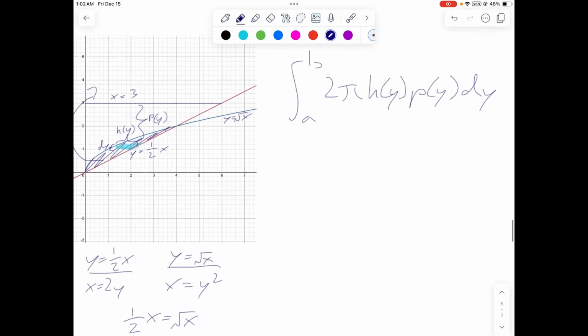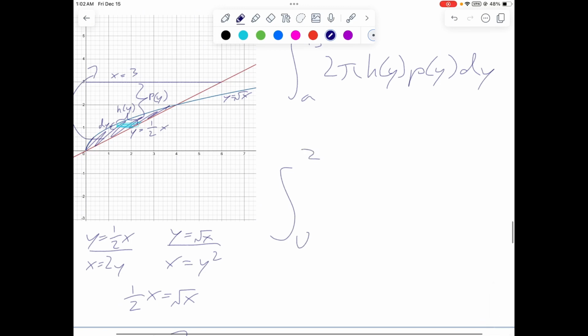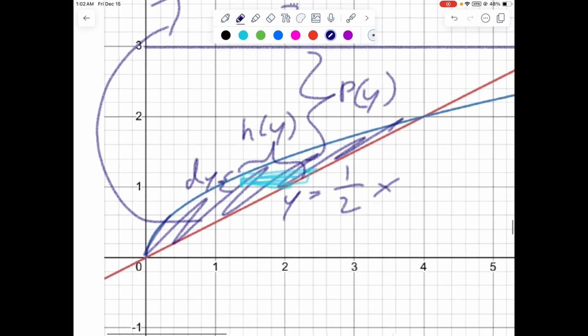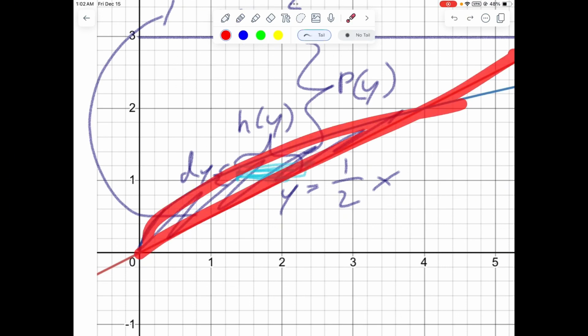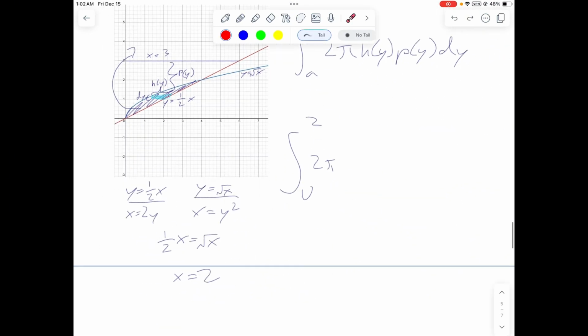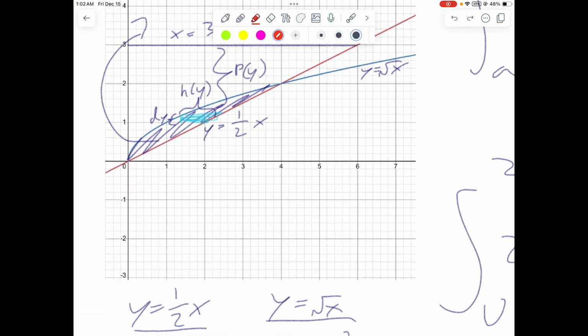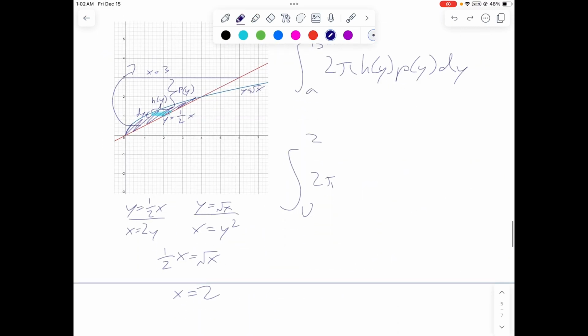Basic algebra. So we have 0 to 2, and then we have our mandatory 2 pi, and then to identify height, we need to find the distance between this graph and this graph. Sorry, let me get the pointer. This graph and this graph, right? So we already put it in terms of y, so that's really all we need, and we can tell that the y equals 1 over 2x is larger than the y equals square root of x, so we will have that as the minus to find the difference, right?